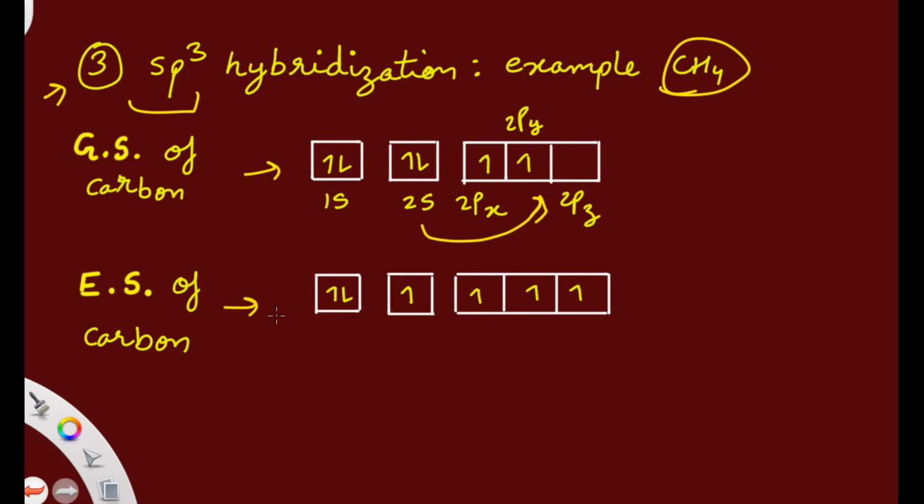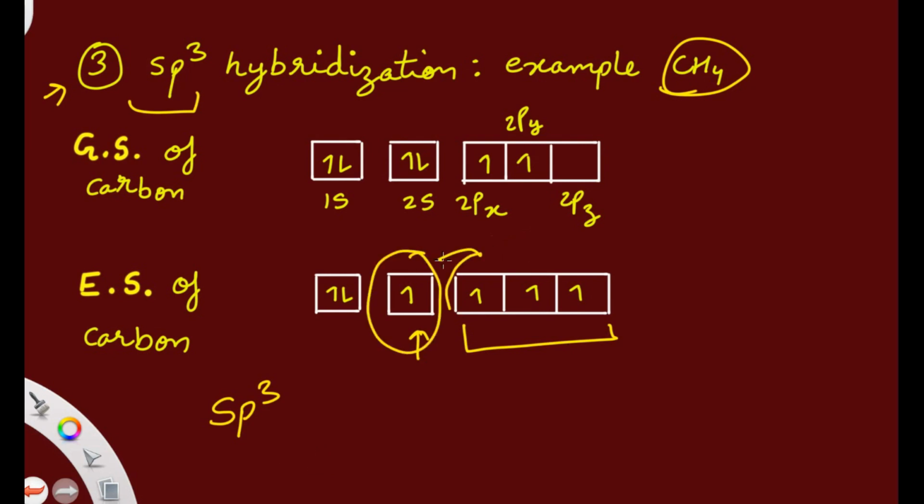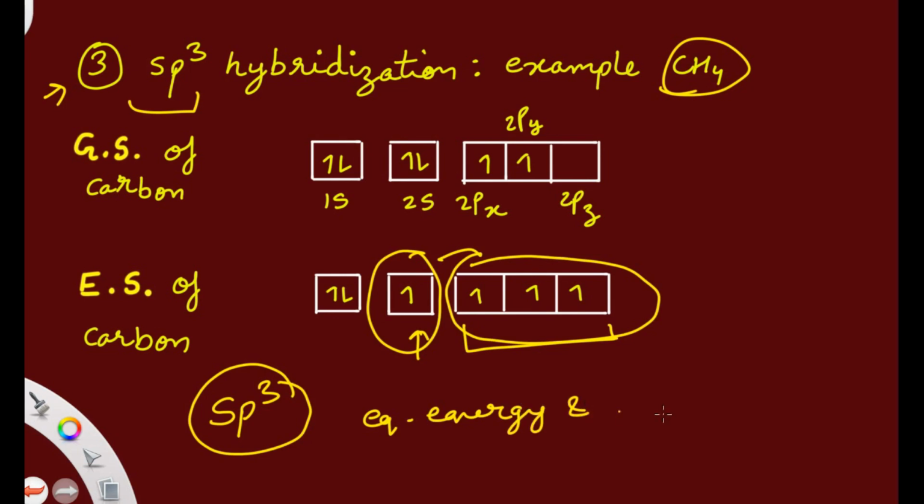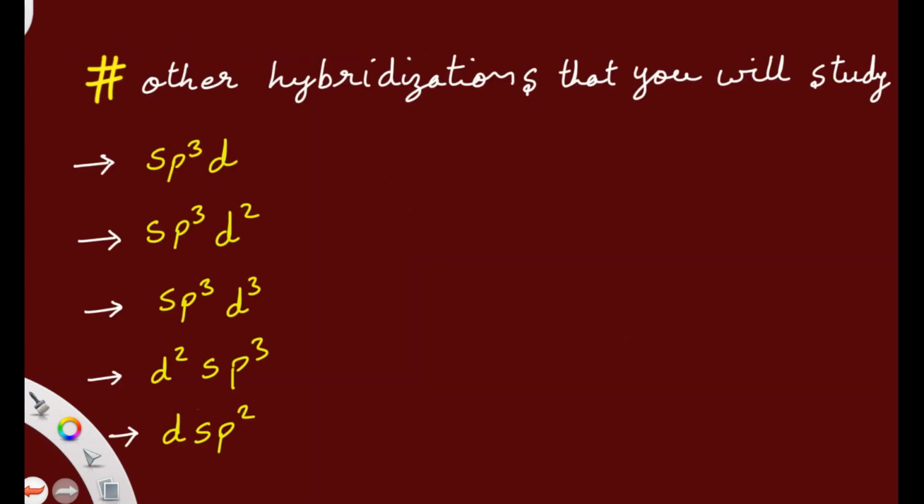Now in this particular case, one s orbital and three p orbitals will intermix together to form a hybrid orbital known as sp3 hybrid orbital. One s orbital is intermixing with all the three p orbitals to give sp3 hybrid orbitals of equal energy and identical shape.